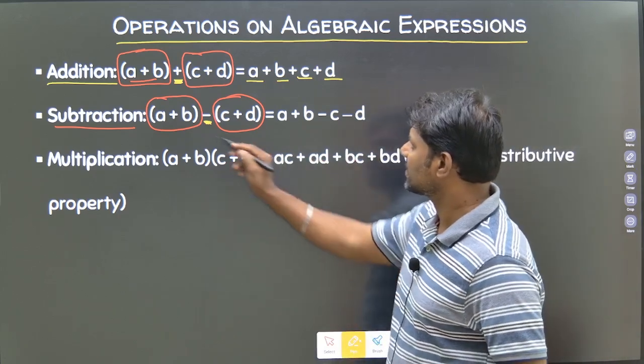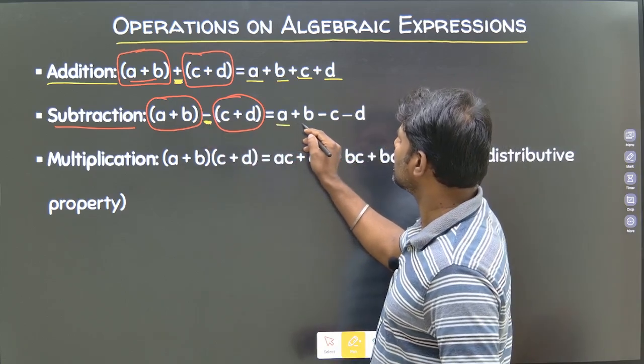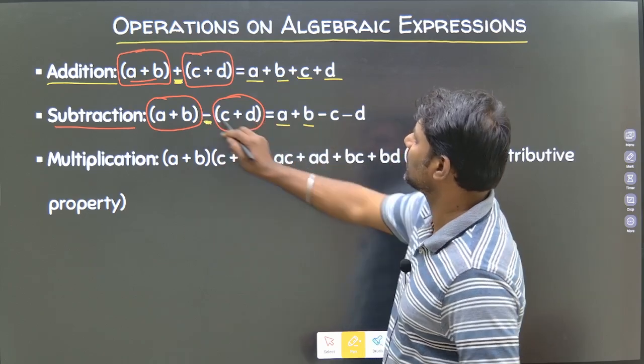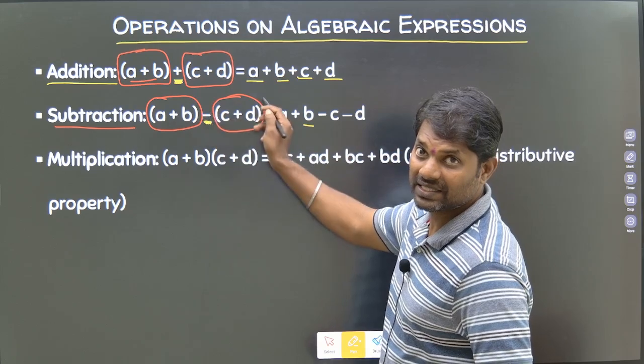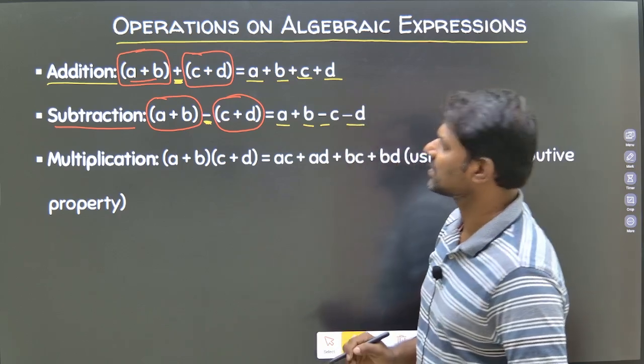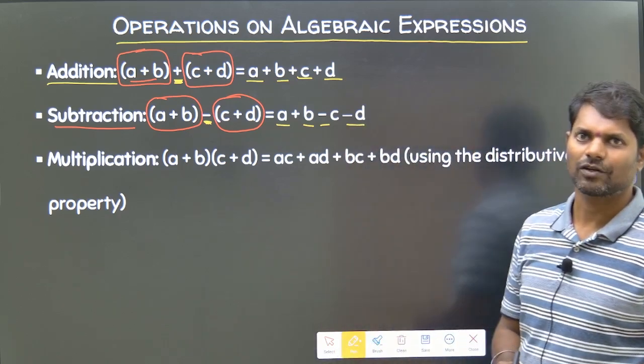So how to solve this? A plus B, so minus C minus D. So we multiply minus 1 inside the parenthesis. So minus C minus D. So this is the answer of subtraction.